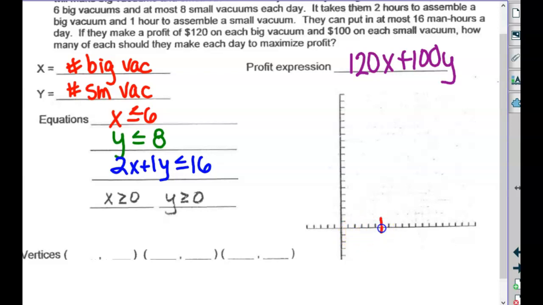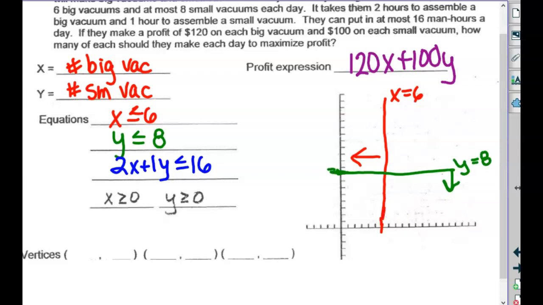And it would be to the left of that line, right? Okay, I used green for this one. Y is less than or equal to 8 means we have to be below that line.